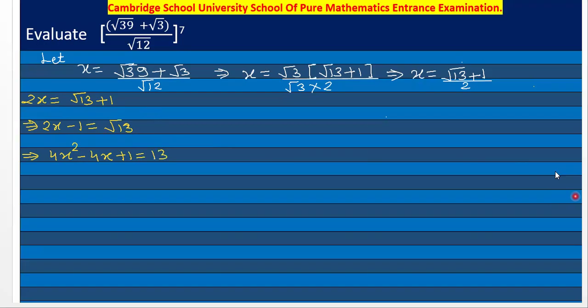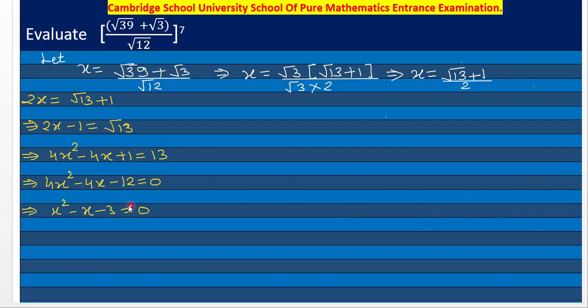Transposing 13 to the left side, it becomes 4x square minus 4x minus 12 is equal to 0. Taking 4 common, it becomes x square minus x minus 3 equal to 0.